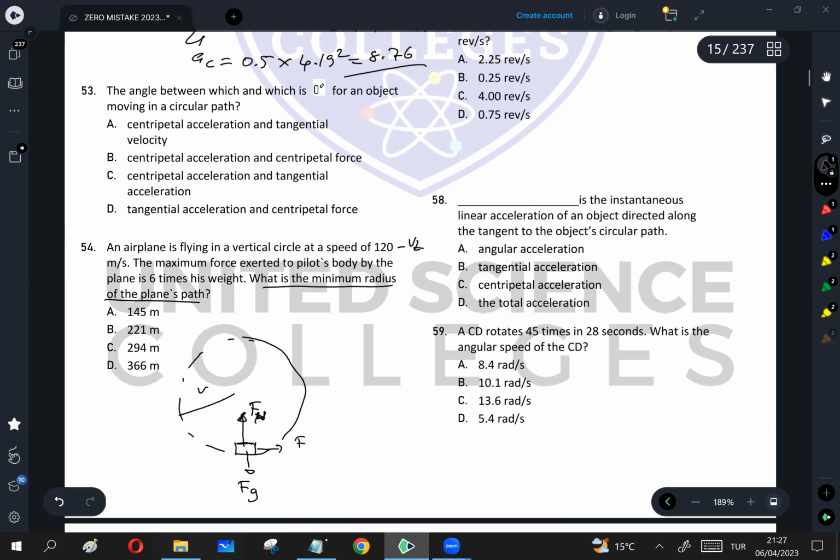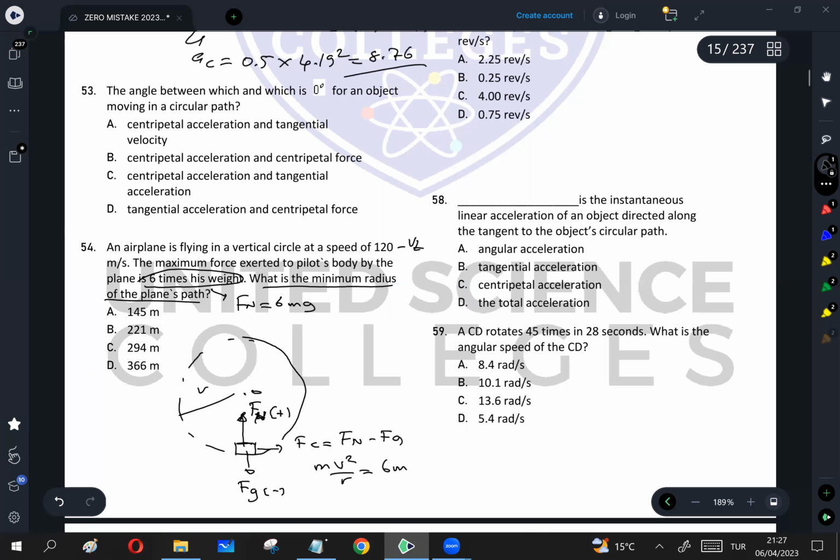Here, F c is equal to F n minus F g, because F n is pointing to the center, positive, and F g is negative. F n is given: the force acting on the pilot's body is 6 times his weight. So F n at this position is 6 mg. Then write F c, m v squared over r.